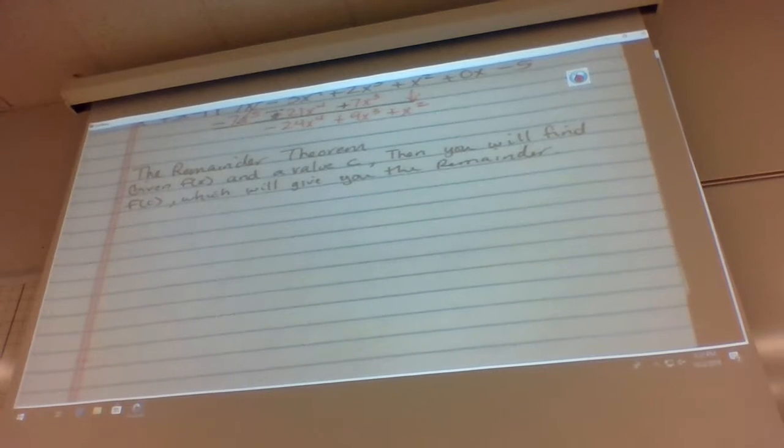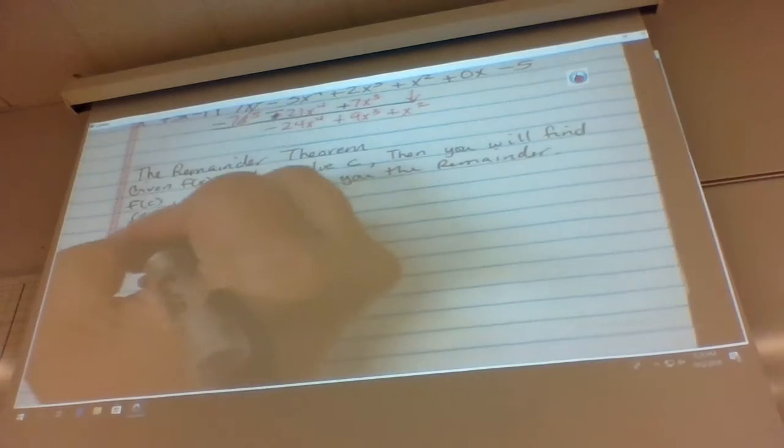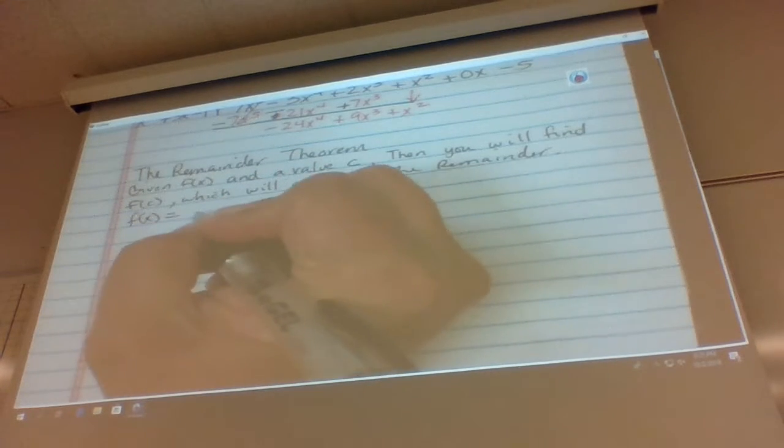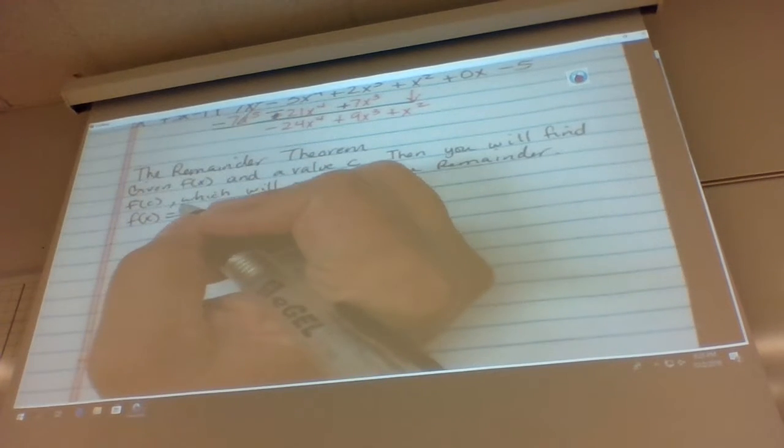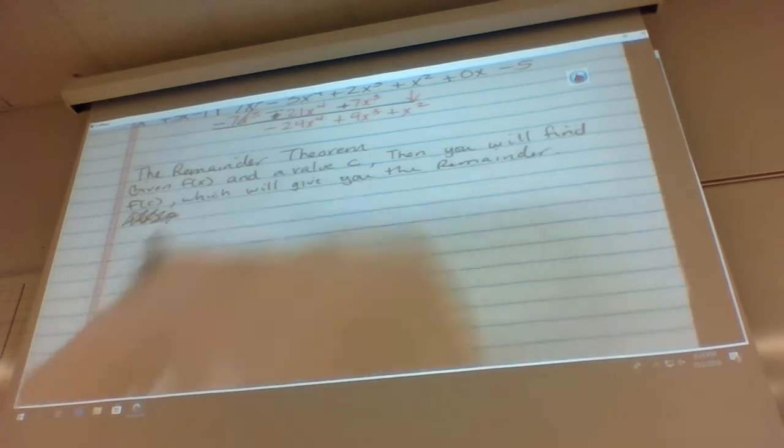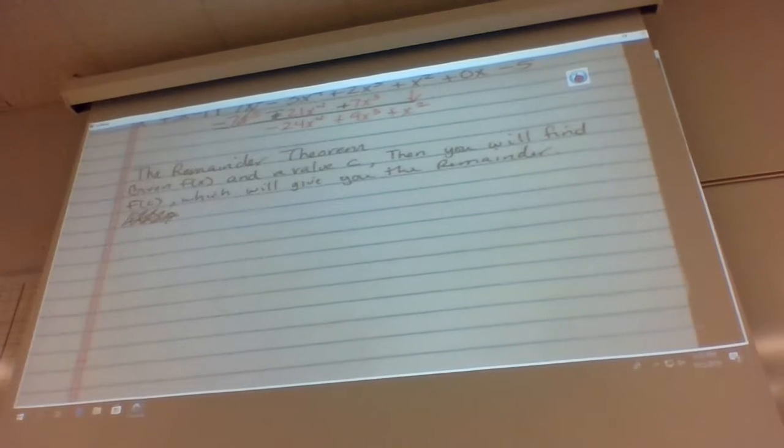So will you have to work that whole problem out, or do you just do this method? There's two ways you could do it. You could do it through the remainder theorem, or you could use synthetic. I'm going to show you both ways, and they both give you the same answer. That was example 4, so this is example 5.